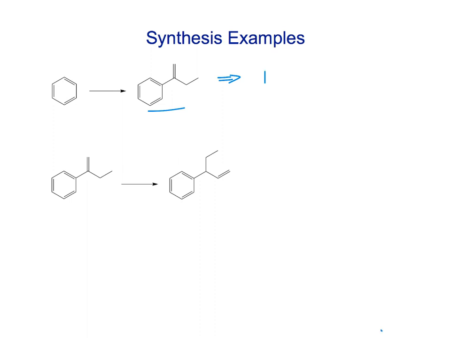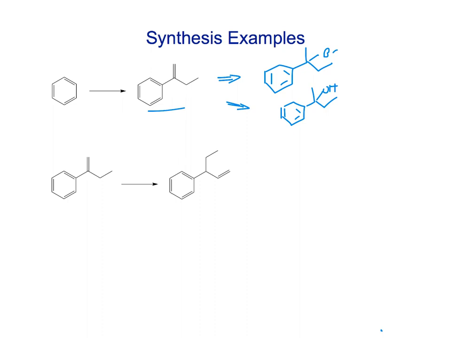So we could, in theory, try to do an elimination from a halogen like this, or we could try to do a dehydration from an alcohol like this, but both of these have a problem to try to get to that less substituted alkene, right?